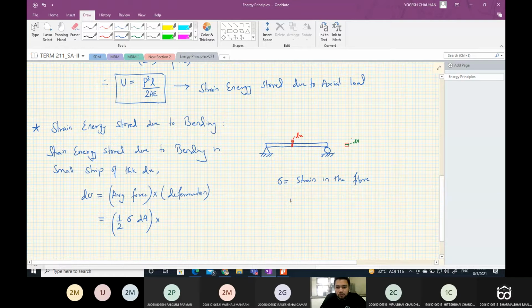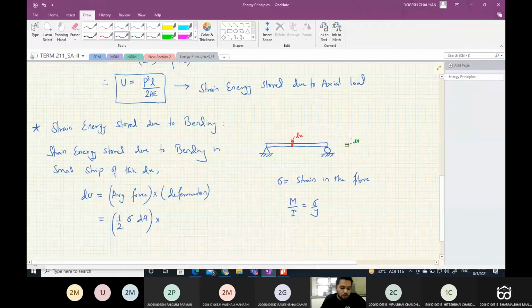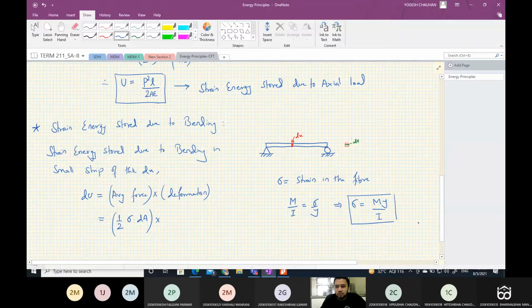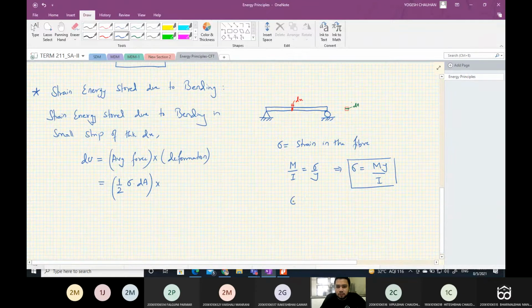So deformation you can find, we know that from equation of bending, M by I is equals to sigma by y, so you can replace sigma here as My by I, and we also know the strain is equals to change in length divided by the length.